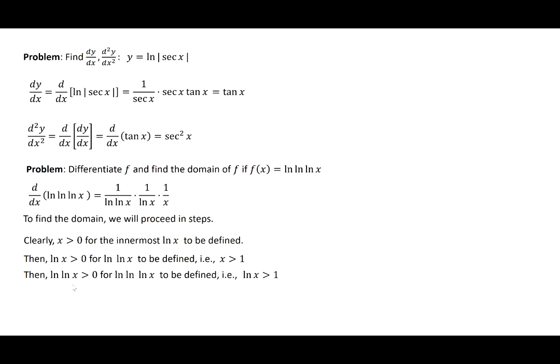So that means e to the natural log of x is just x, so that should be greater than e. Wait, natural log of x greater than 1 means x must be greater than e in turn. So the domain is e to infinity.